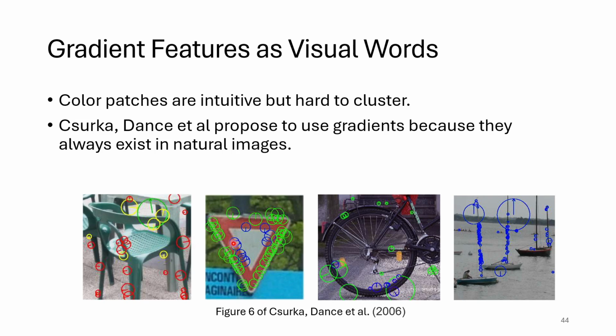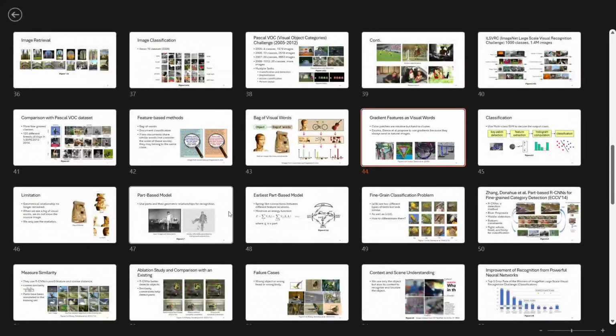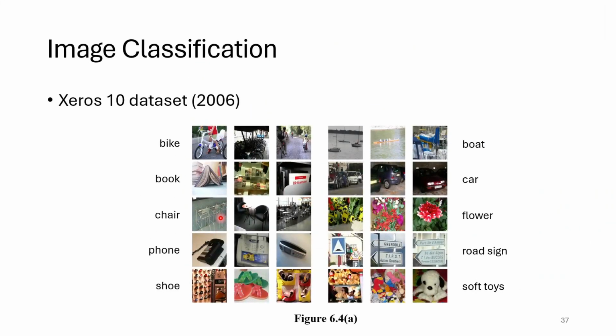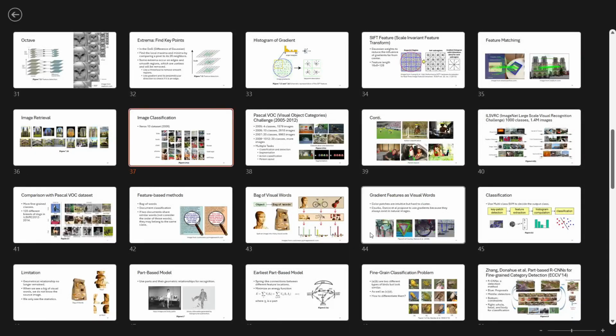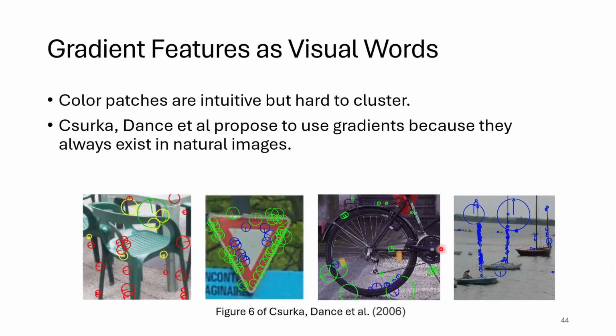And the four images are examples of the Caltech-style ten-class dataset, like this. So you can see the chair, the boat, the road sign, and the bike. So this is a boat, bike, road sign, and chair.